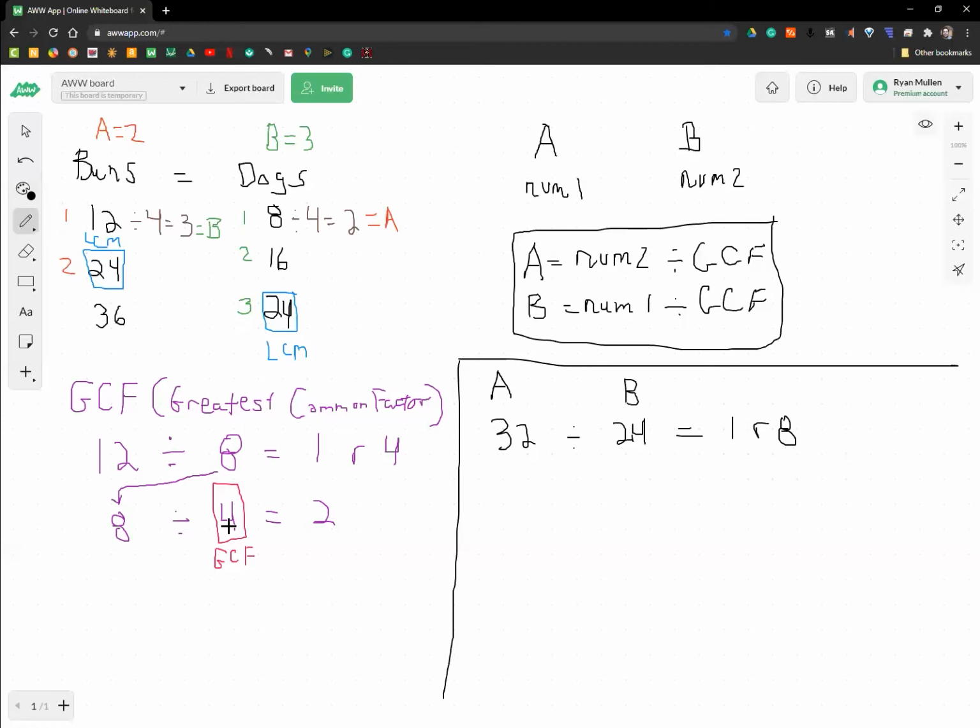So then if you remember here, the small number becomes the large number, so 24 divided by 8, there's the remainder. And 24 divided by 8 is 3 with no remainder. So congratulations, it looks like we found the GCF.